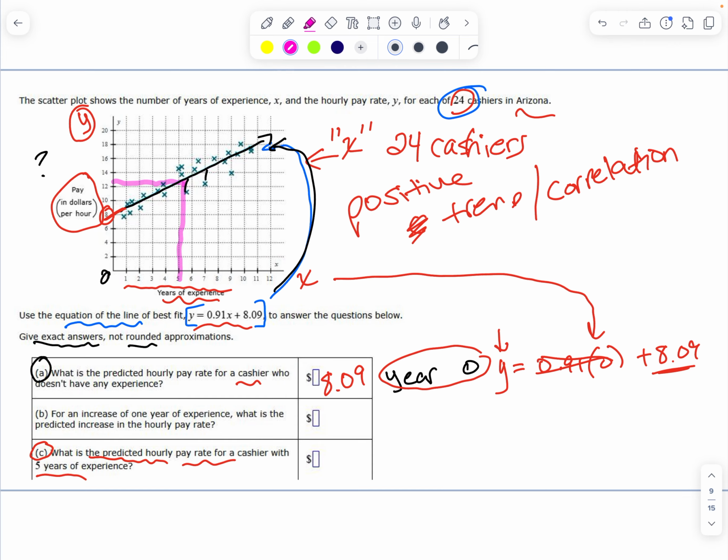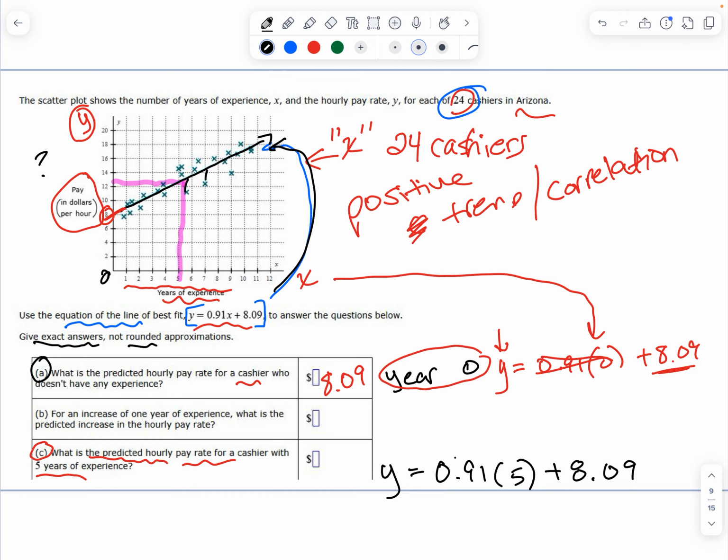So let's use that trend line they created and pop in 5 for X. That's years of experience. So Y equals 0.91 times 5 years of experience plus a starting pay of $8.09.